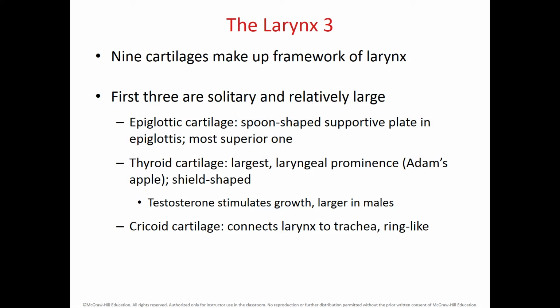So in total within the larynx, we have 9 cartilages, and the first 3 are single and relatively large: the epiglottis, the thyroid, and the cricoid cartilage. In males, once they reach puberty, the thyroid cartilage enlarges and forms what we call the Adam's apple.